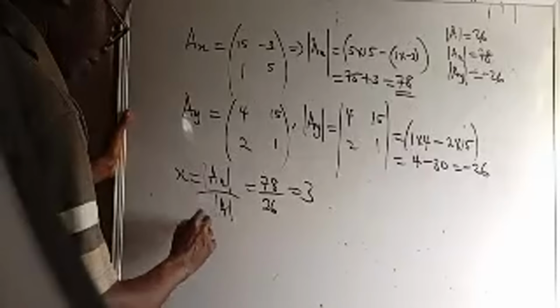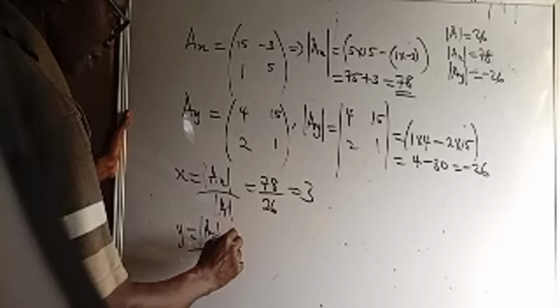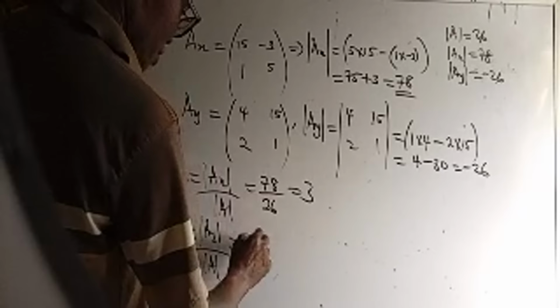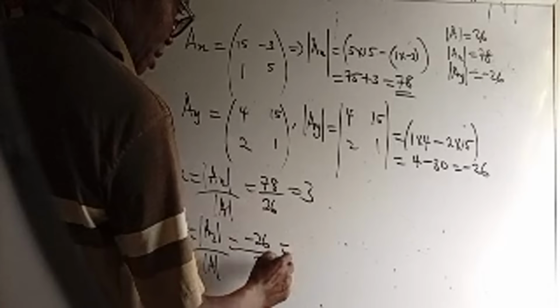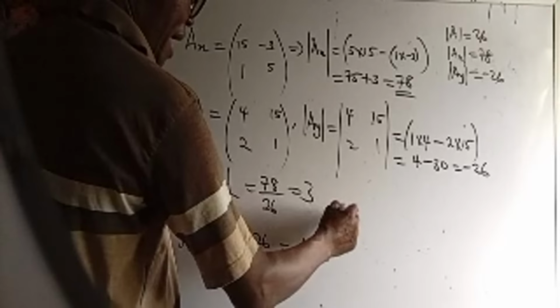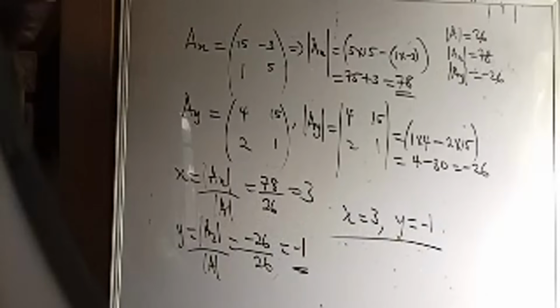Then y will be determinant of AY over determinant of A. AY was minus 26, determinant of A is 26. So that's minus 1. So x is equal to 3, y is equal to minus 1. So that is that about that as well.